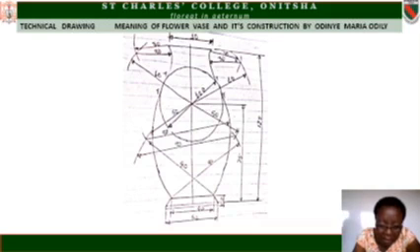To draw the flower vase, we first of all draw the base line, 50 millimeters diameter. We construct a perpendicular on the base line. In constructing the perpendicular, we bisect the base line, 25 millimeters this way, 25 millimeters the other way.